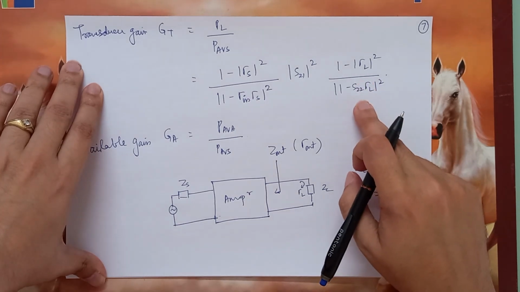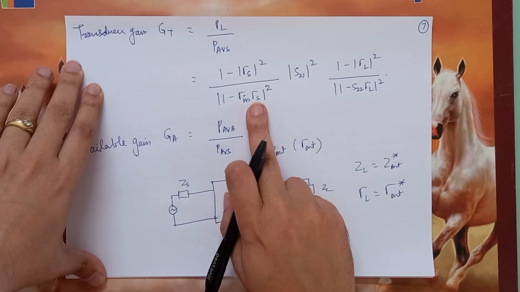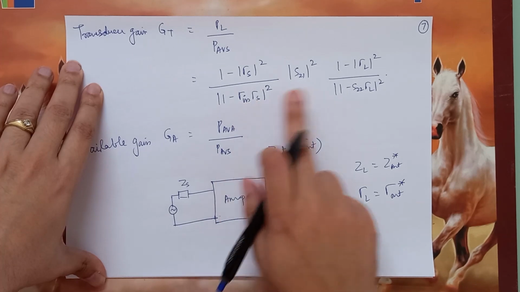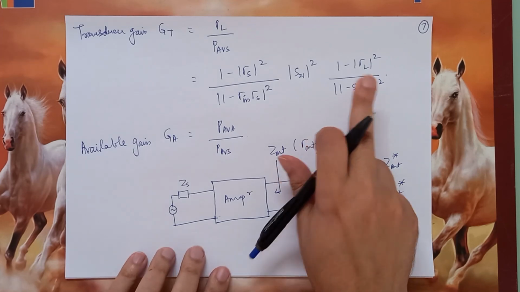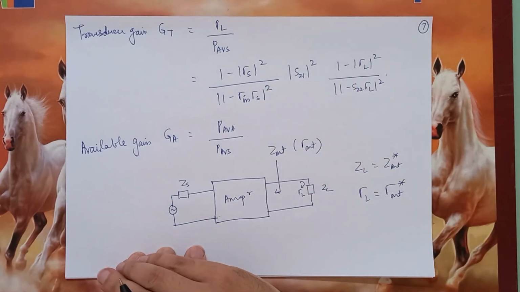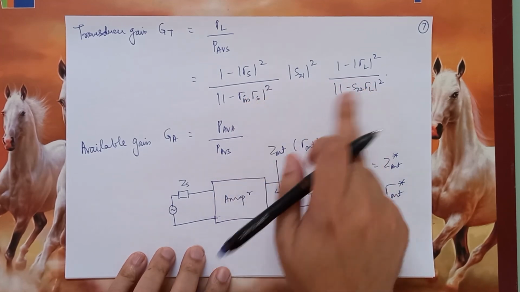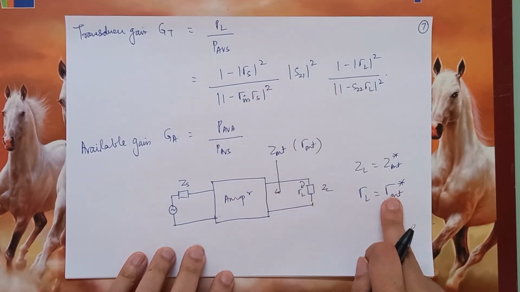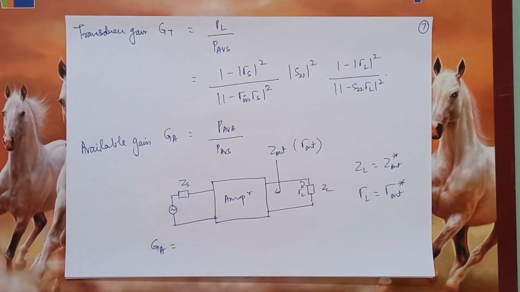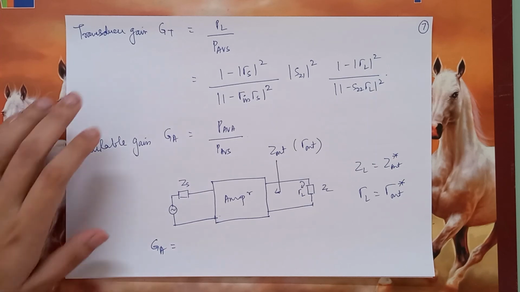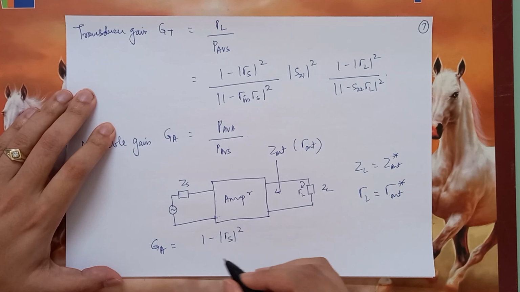Now notice one thing, GT depends on both the source impedance as well as the load impedance. Just like how power gain depended on only the load side, GT depends on both source side and load side because of gamma S and gamma L. Likewise, if you apply this into GA, you can derive that GA is nothing but this quantity. I leave this again to you as an exercise, which should not be very difficult.